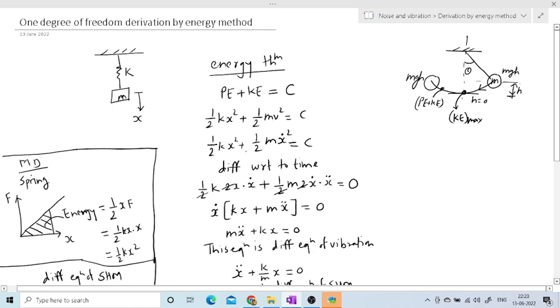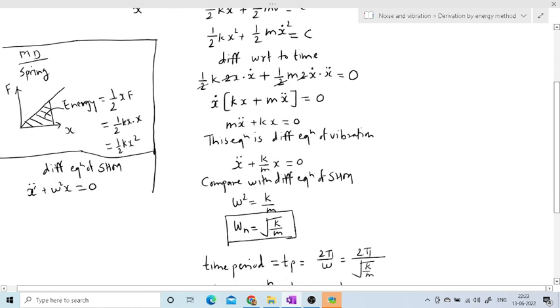So I have differentiated this equation with respect to time, then I have taken x dot common, then I got the differential equation of vibration. After getting the differential equation of vibration, we compared it with the differential equation of SHM, and by comparing we got omega square is equal to k by m.